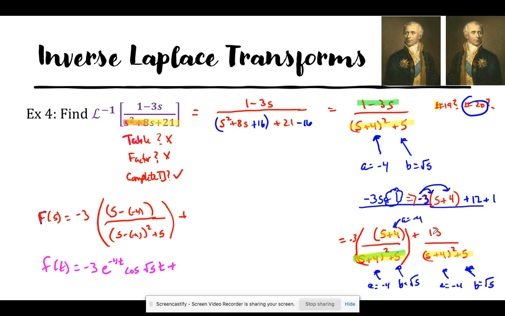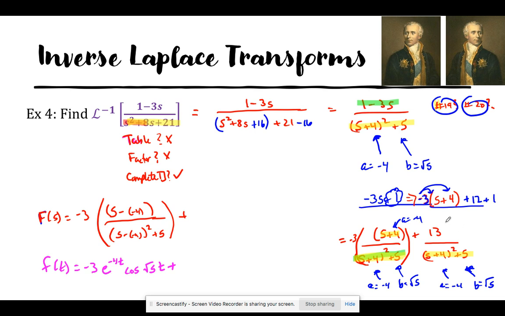I don't have a variable up there at all. See, up here, when I had an S, I was able to go to the cosine formula because it had an S in the numerator. This is just a constant, and I have no way of getting an S in there. So I'm thinking 19. But in order to fit the form of 19, the 13 has to be a √5.